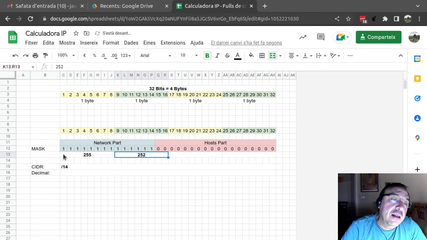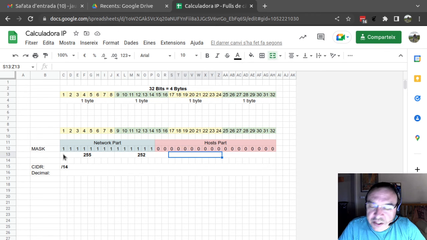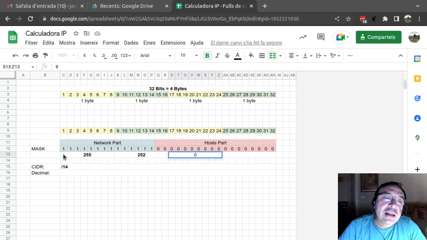And then the other bytes are easier. That's all at 0, so it will be just 0. And that's all at 0, so it will be just 0.